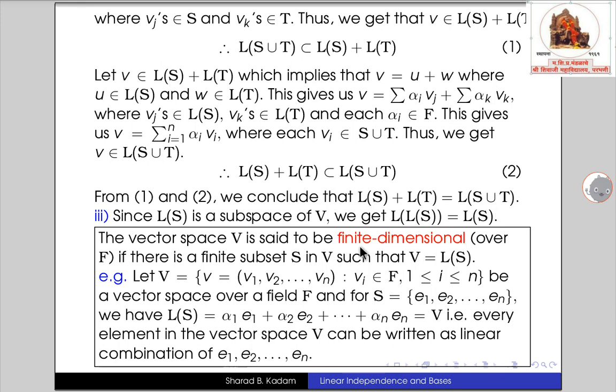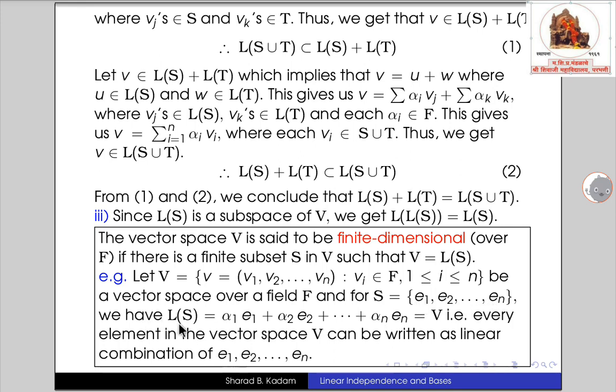Next we have the definition for finite dimensional vector space. A vector space V is said to be a finite dimensional vector space over the field F if there is a finite subset S in V such that V is the linear span of S. For example, we consider a vector space V which consists of n-tuples, where each component belongs to the field F, be a vector space over the field F, and we consider a set S whose elements are E1, E2, En.